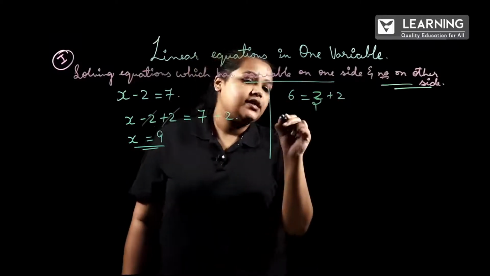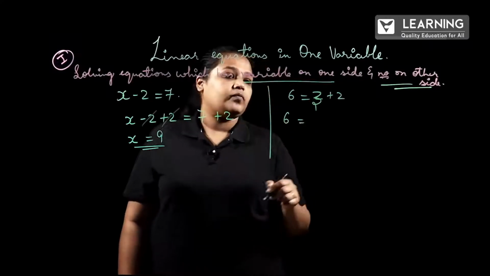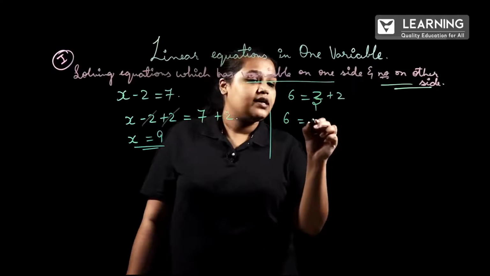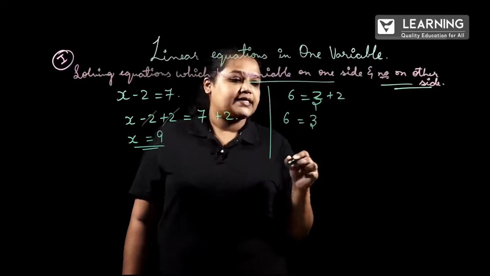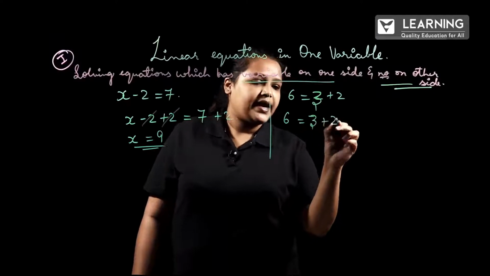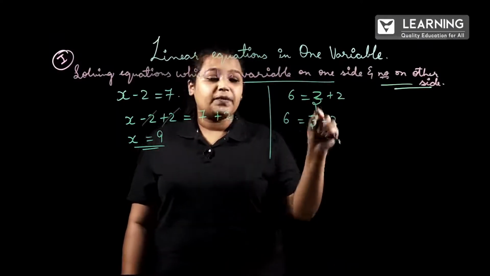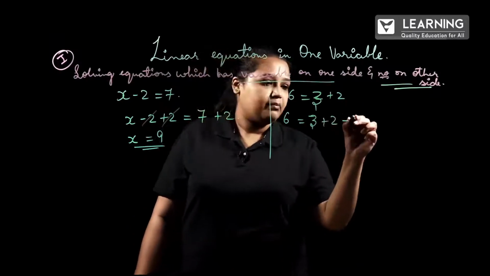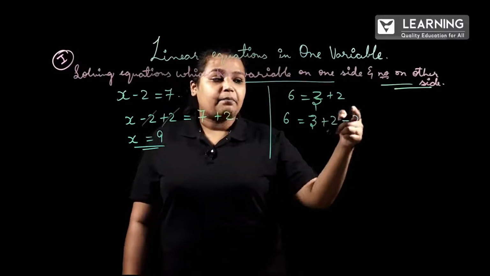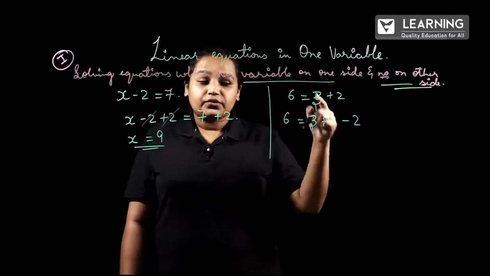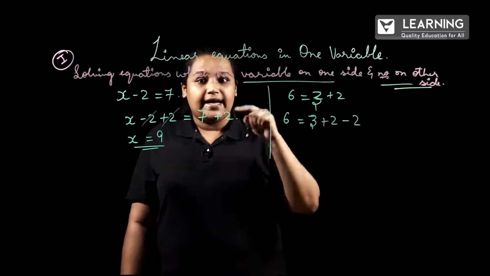So 6 is equal to z plus 2 is given. z we write as it is, then for plus 2, the opposite sign of plus is minus, and the same number, minus 2. We shouldn't take minus 2 only on the RHS, we have to take minus 2 on the LHS also.